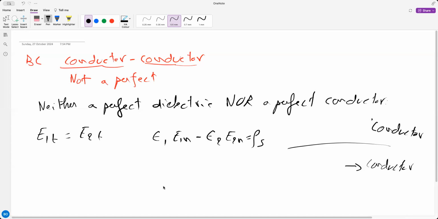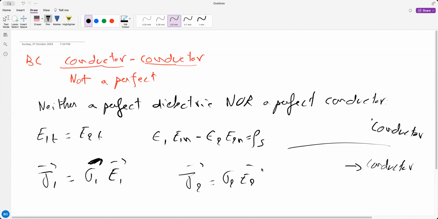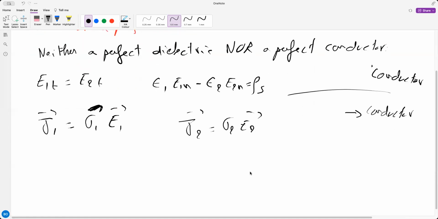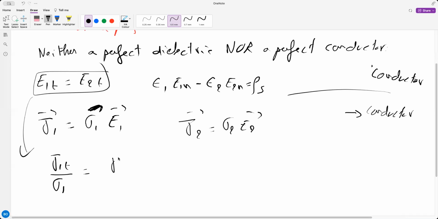Okay. So we know that for the current density, the current density of medium 1 and the current density of medium 2 is given by this. So if I replace this here, the tangential component of J1 divided by sigma 1 is equal to the tangential component of J2 divided by sigma 2.